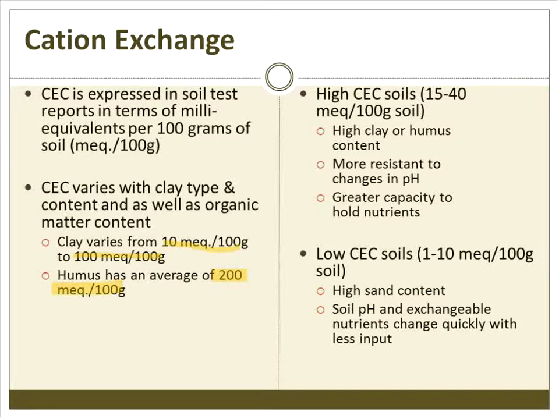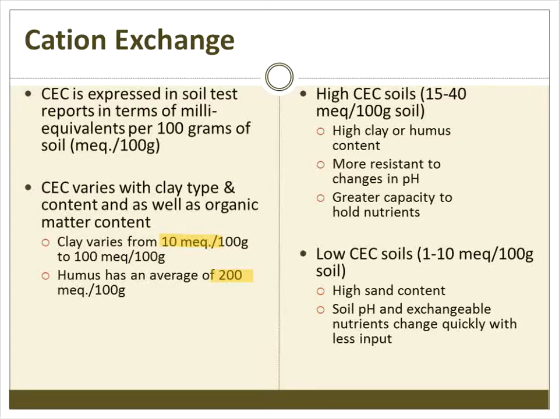So if we have a system that's got some clay with 10 milliequivalents charge, and then only a little bit of this organic matter, what you can see is that the cation exchange capacity of this organic matter is 20 times as much as some of the clays, and so a little bit of organic matter can have a big impact on the cation exchange capacity in the soil, if you will.